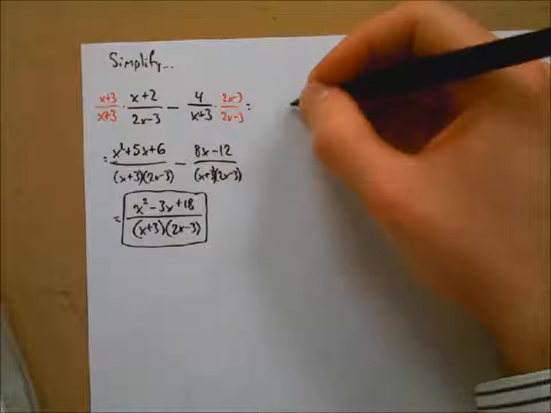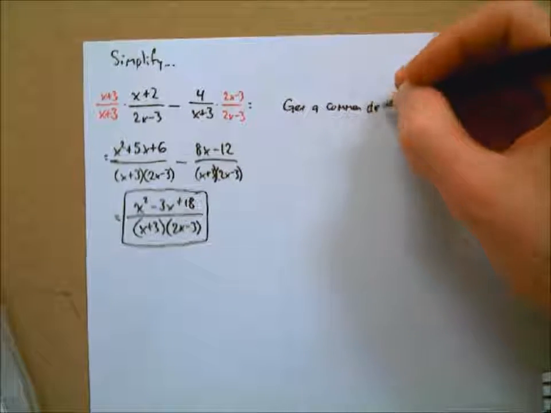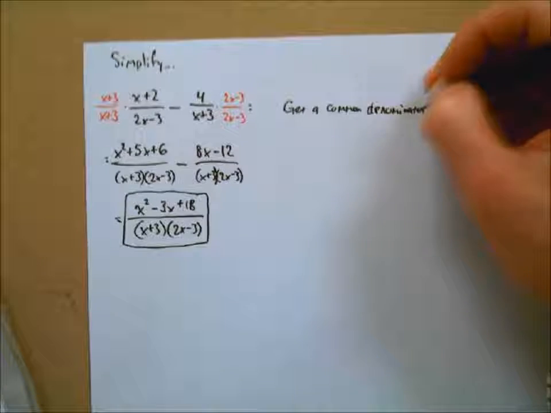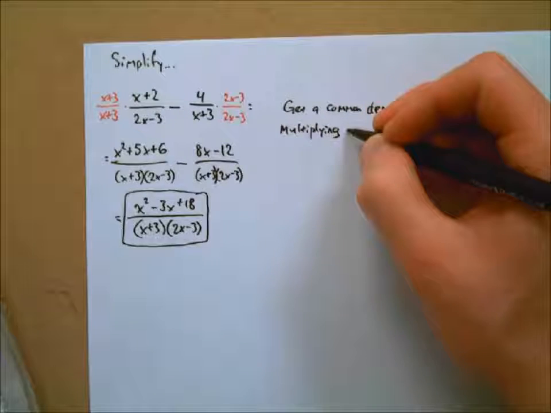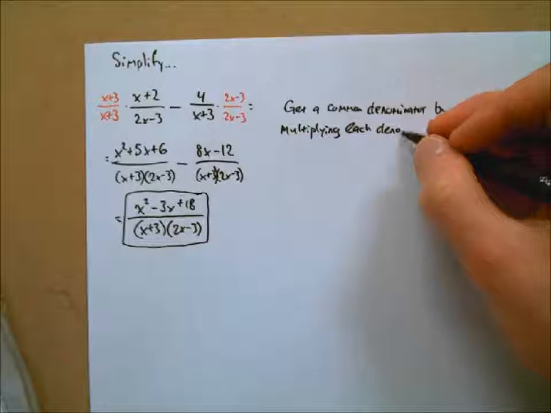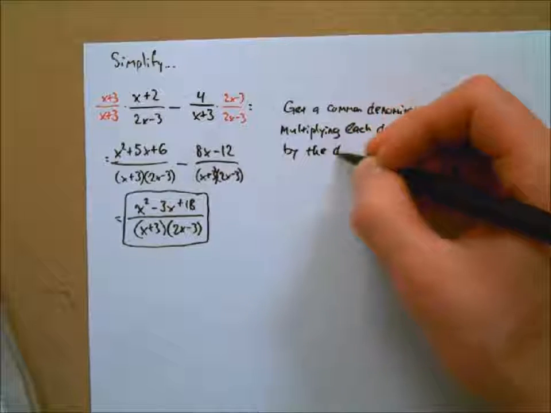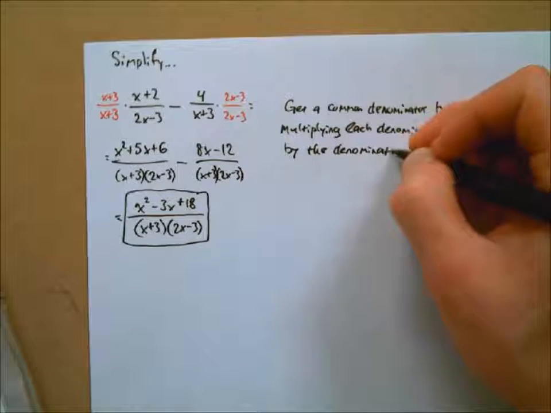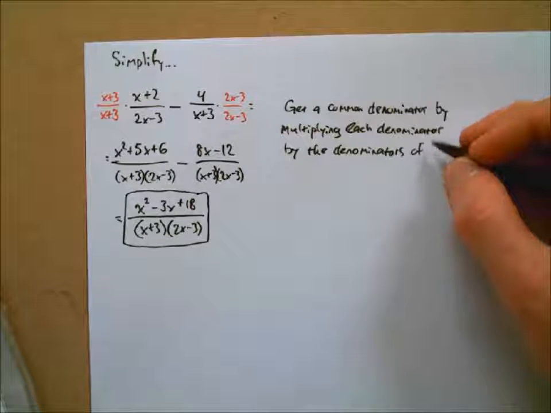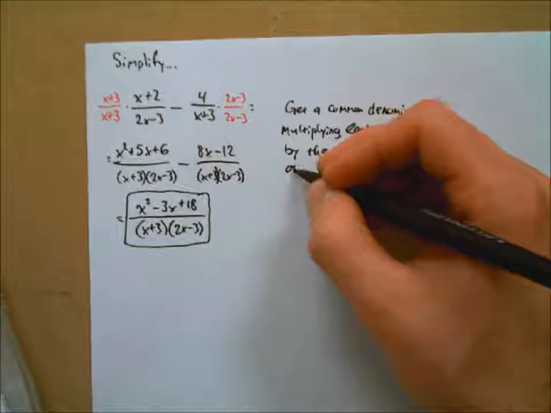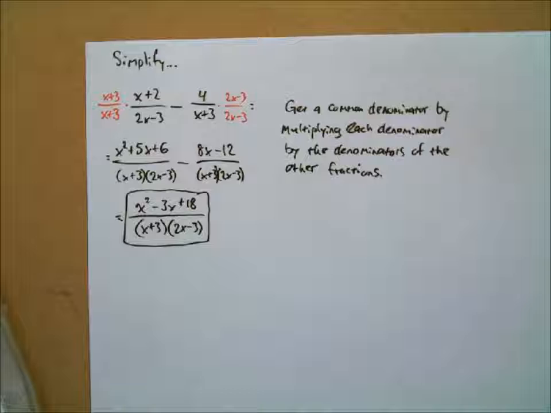So in other words, get a common denominator by multiplying each denominator by the denominators of the other fractions.